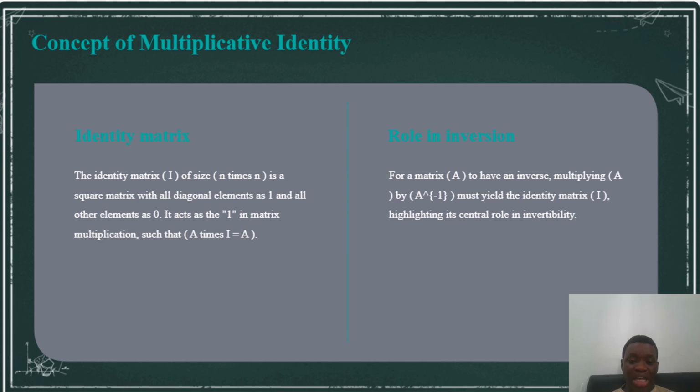It acts as the 1 in matrix multiplication such that A times I is equal to A. Role in inversion: for a matrix A to have an inverse, multiplying A by A raised to the power minus 1 must yield the identity matrix I, highlighting its central role in invertibility. That is the concept of multiplicative identity.